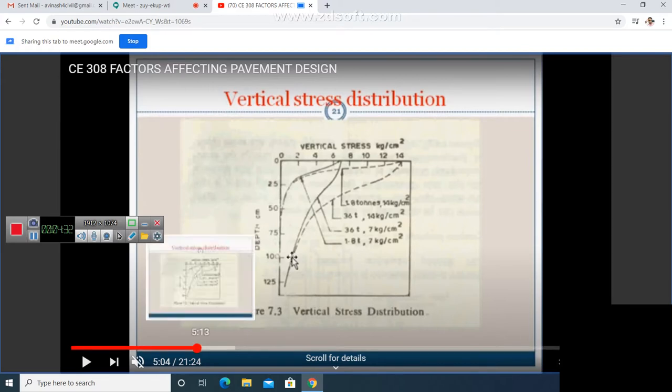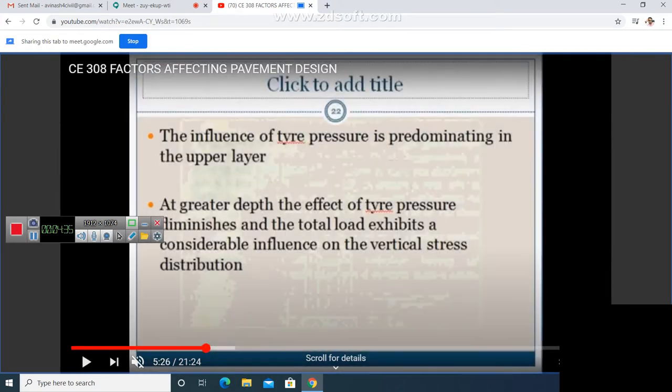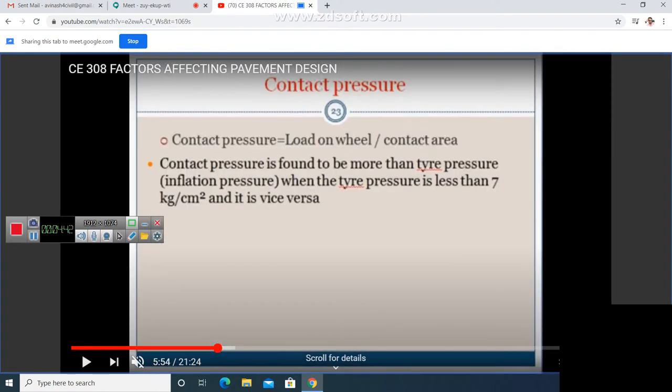As we reach the deeper layer, the effect will be produced due to the total load only, and not due to tire pressure alone.